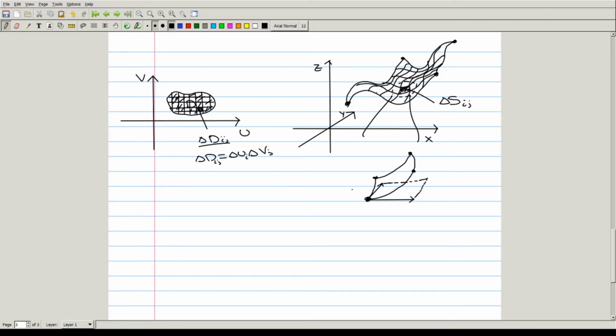This picture that I've drawn is very exaggerated, but think of these as being infinitesimally small, so small that this difference right here is almost non-existent.